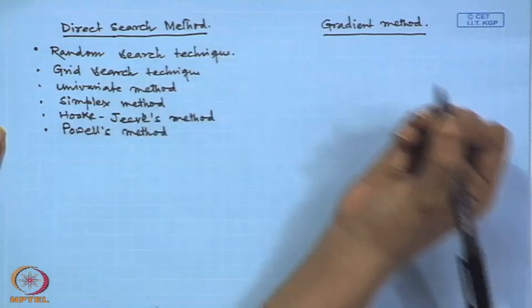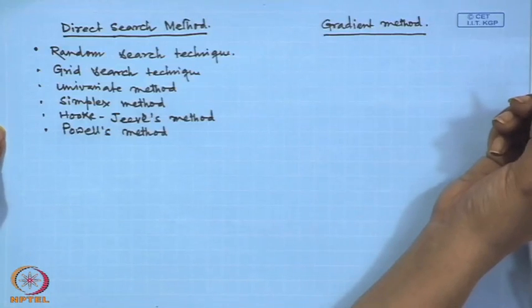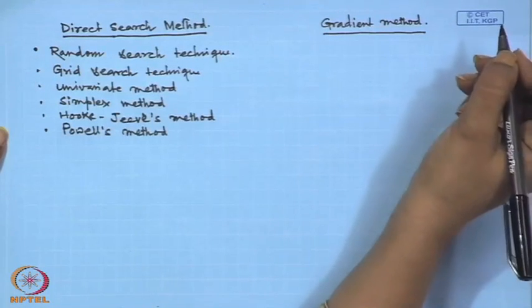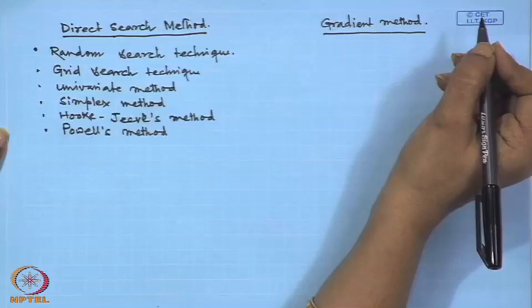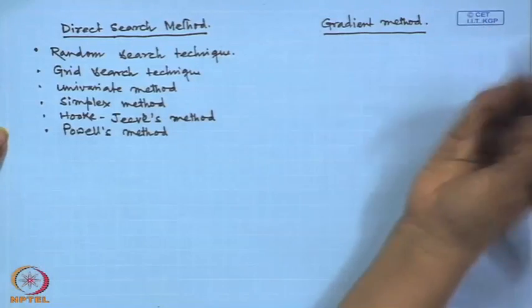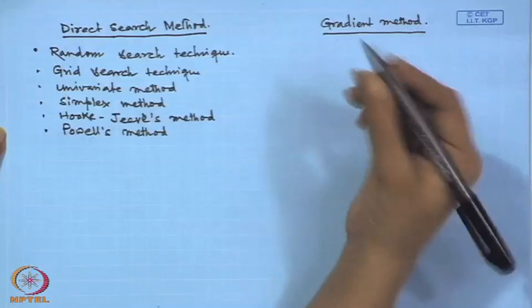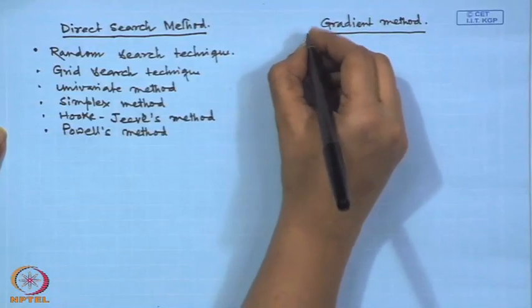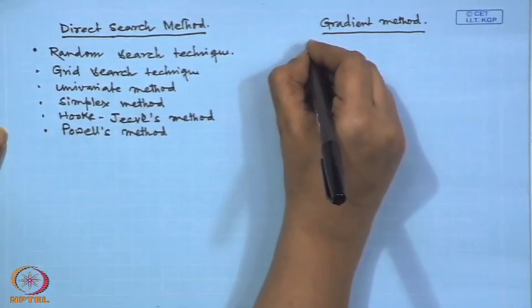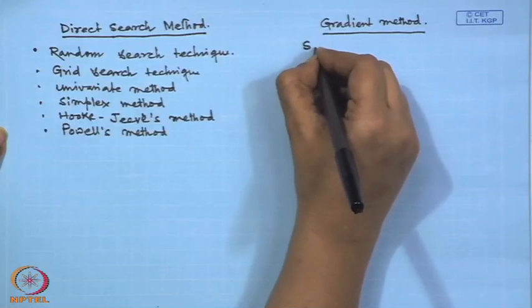These are all non-gradient methods. As such, we do not need to define the derivatives of the functions, and we can still find the optimal solution for the given objective function. But there are several gradient methods as well, where some calculation of derivatives is needed.